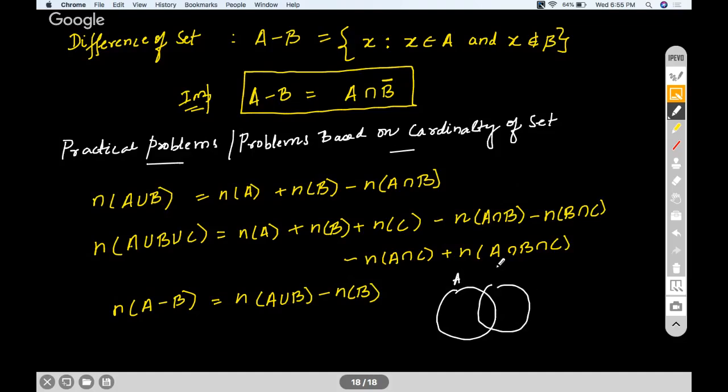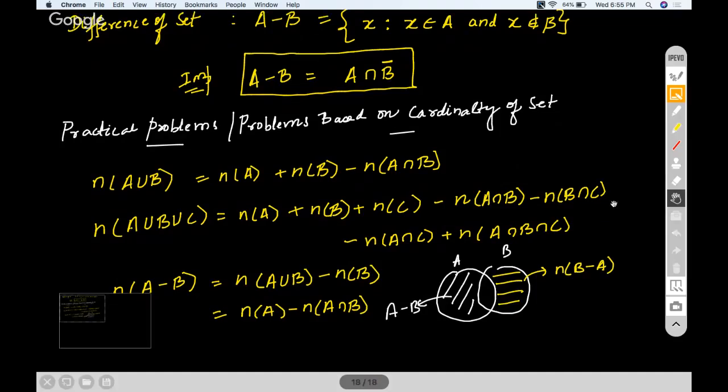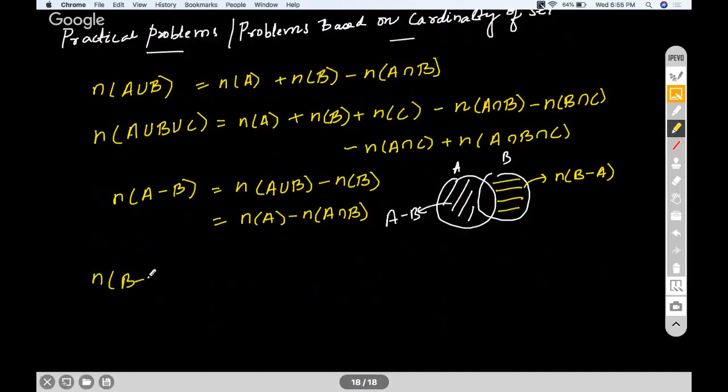This is set A and this is set B. This part is called A minus B. And the yellow part is called B minus A. You can also write this as n(A) minus n(A intersection B). Similarly, you can write n(B minus A) as n(A union B) minus n(A), or as n(B) minus n(A intersection B).